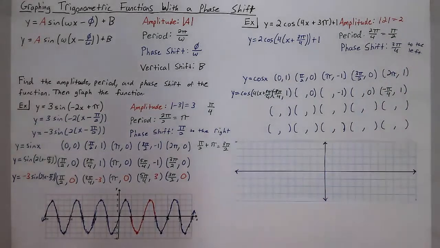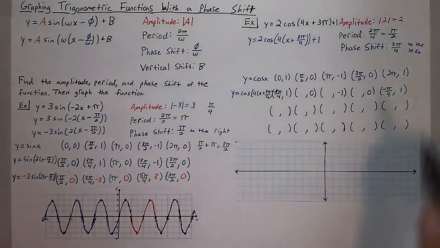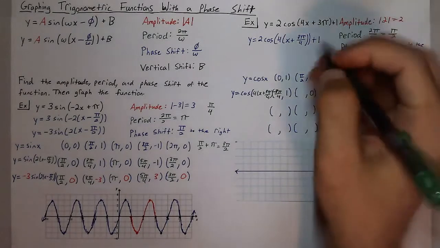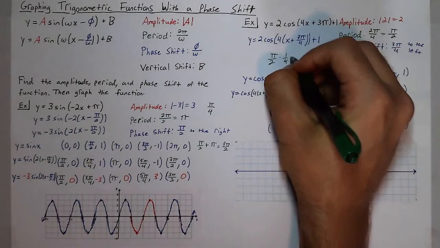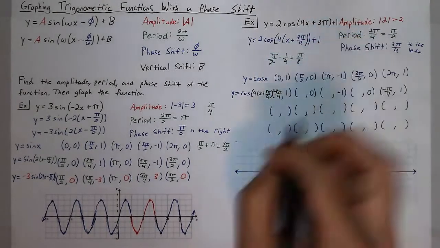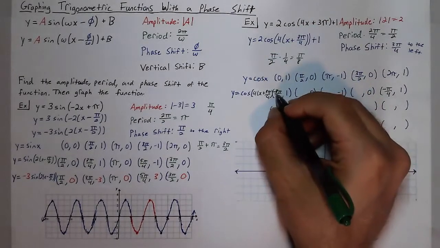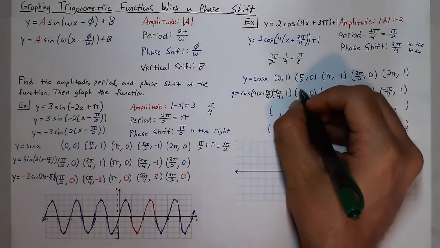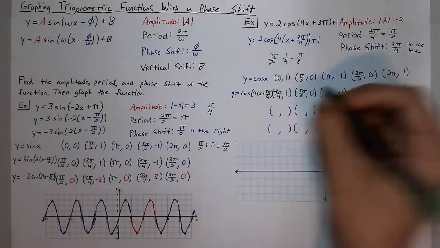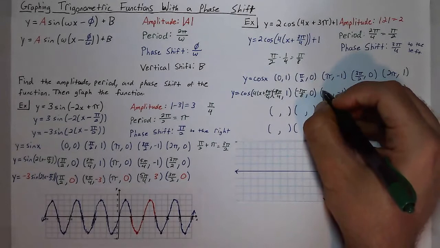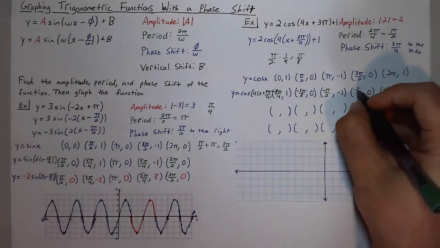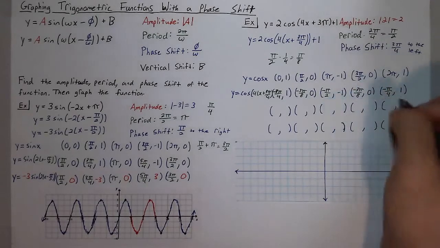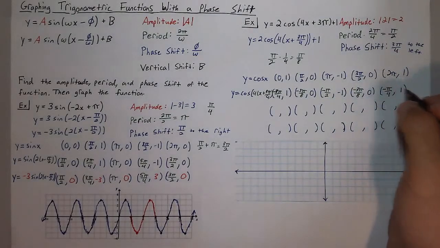Now, what do we count by? Well, we're going to have to divide our period by 4 to figure that out. So pi over 2 divided by 4 gives me pi over 8, so I'll count by pi over 8 every time, which brings me from -6 pi over 8 to -5 pi over 8, to -4 pi over 8, which is pi over 2, to -3 pi over 8, and then to -2 pi over 8, which is pi over 4.